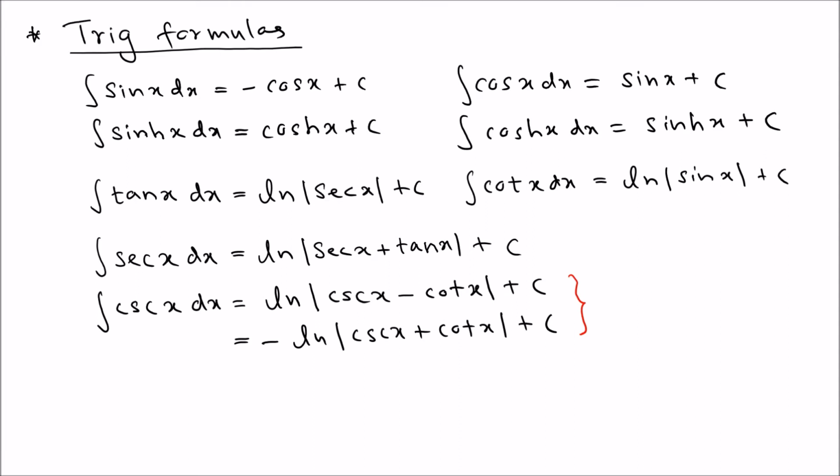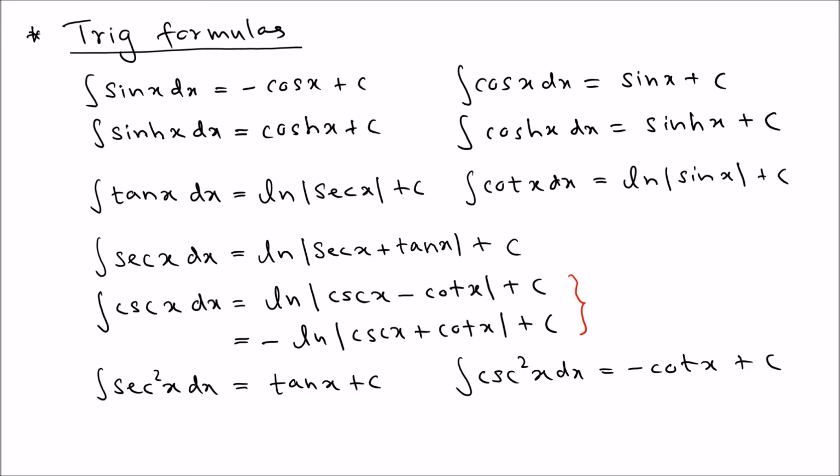Then we're going to go to the other formulas for secant and cosecant. We have some from the derivative properties. We know that when you take the derivative of tan x, you get secant squared, so we can go backward. Secant squared x dx equals tan x plus c, and cosecant squared x dx equals negative cotangent x plus c.